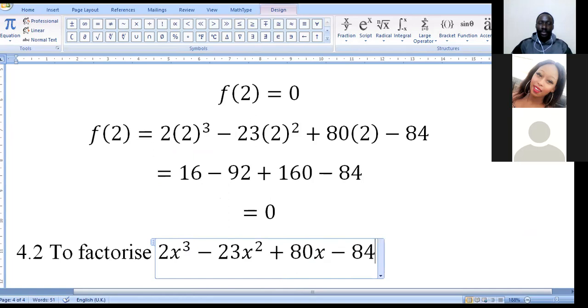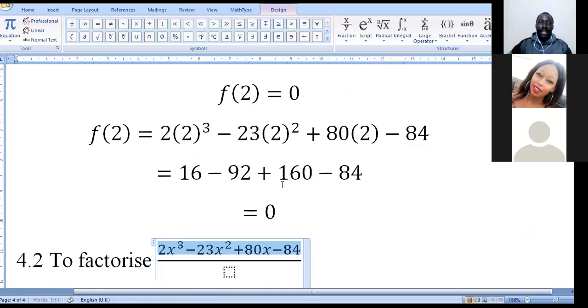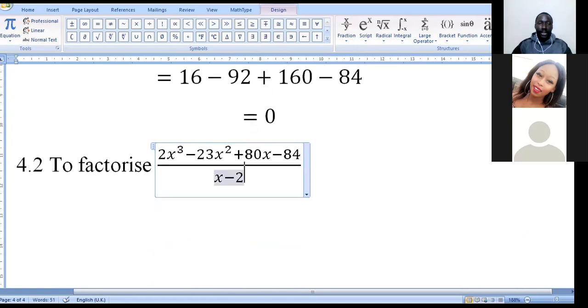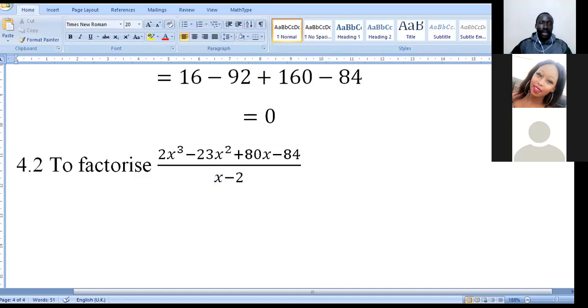That's what we have. So to factorize this completely, what we have to do is to divide the whole of this by x minus 2. So how do we divide this whole thing then?